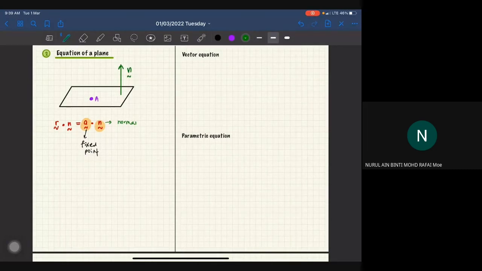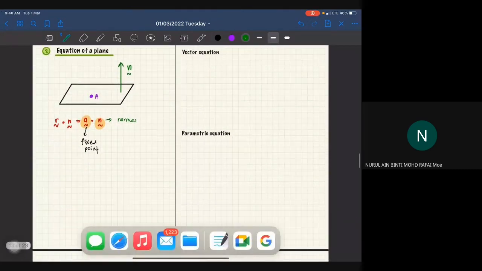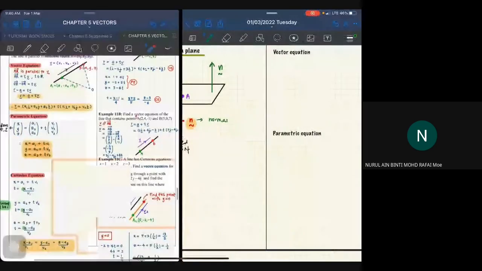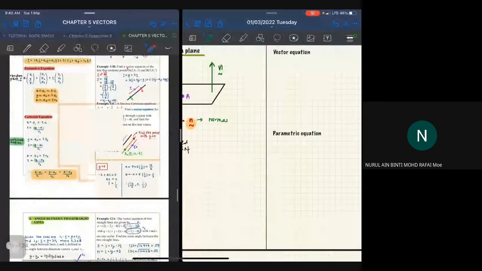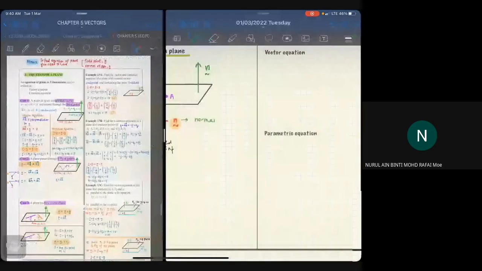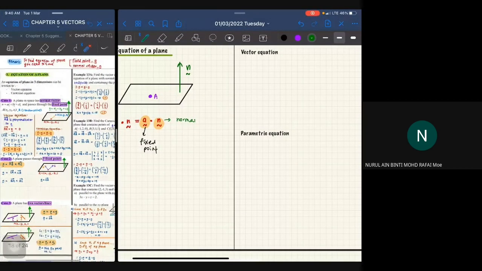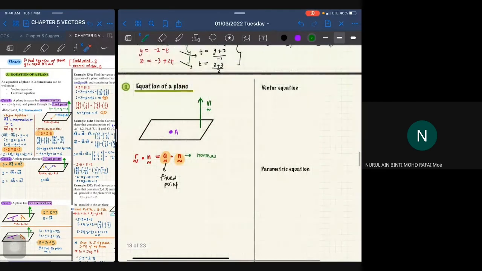Okay, so kalau dalam bentuk vector equation, kejap saya kena tengok nota, saya lupa. Equation of plane, this one. R dot n. Okay, so tengok kat belah kanan balik.